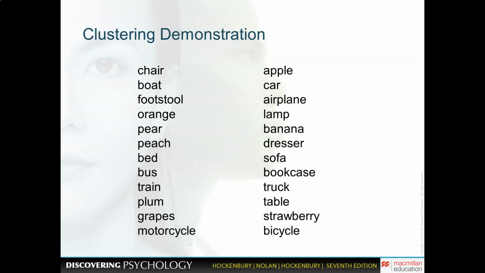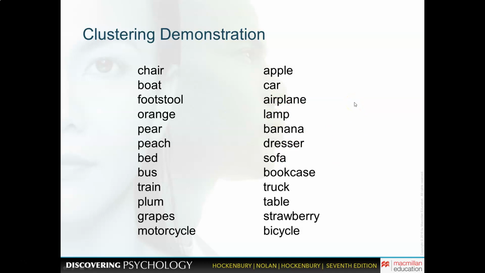So here's an example. Right here, if we took a look at this, we go, oh wow, that's a lot of items to remember. I don't know if I can do that. But if we cluster those into categories, we have a much easier time and much better chance at remembering these. Take, for instance, types of furniture like chair, footstool, bed, lamp, sofa.